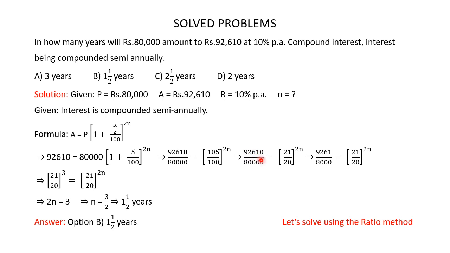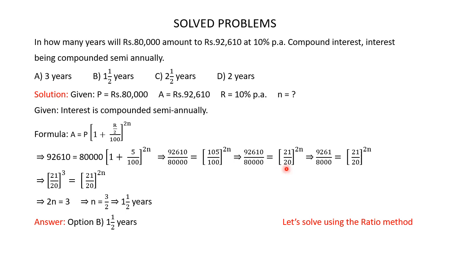So now you have 92,610 divided by 80,000 is equal to 21 by 20 raised to the power 2n. Now it would be easy to find the value of n if this fraction here was either a square or a cube of 21 by 20.